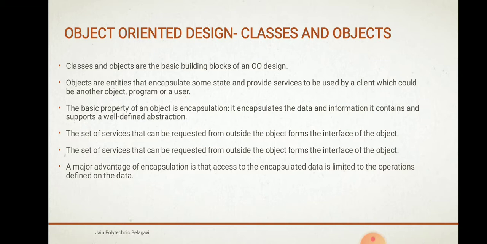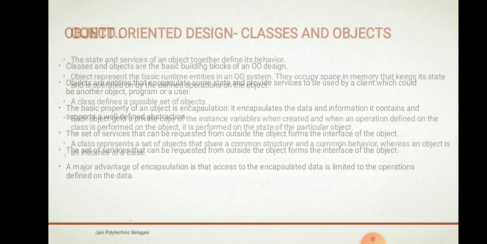A set of services that can be requested from outside the object forms the interface of the object. A major advantage of encapsulation is that access to the encapsulated data is limited to the operations defined on the data. So there will be limited access to that encapsulated data.